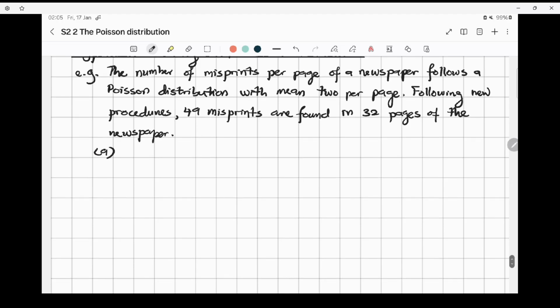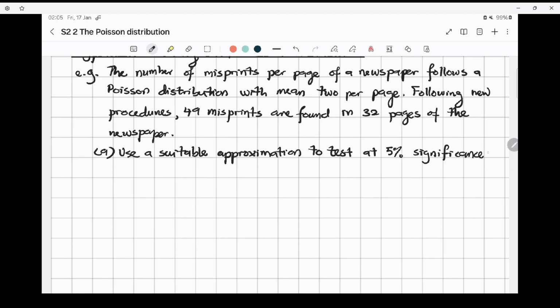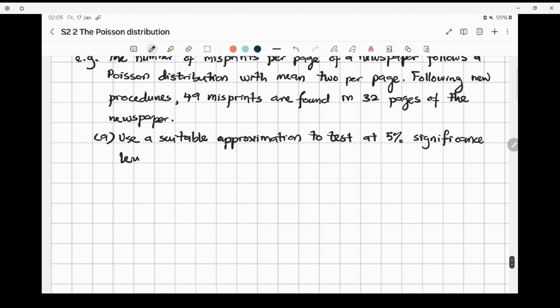So the first part of the question asks you to use a suitable approximation to test at 5% significance level if the mean number of misprints has changed.